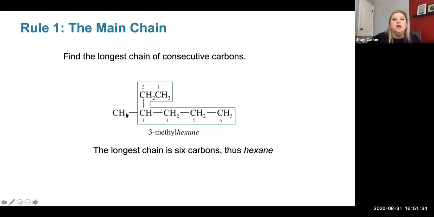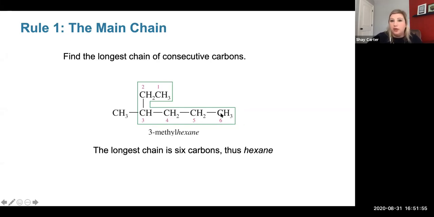In other words, whatever numbers are included in our nomenclature, these are called locants. The numbers are called locants. We want our locants to be as small as possible, okay? So ultimately, no matter what, and no matter how many locants you have, you always want those numbers to be as small as possible.